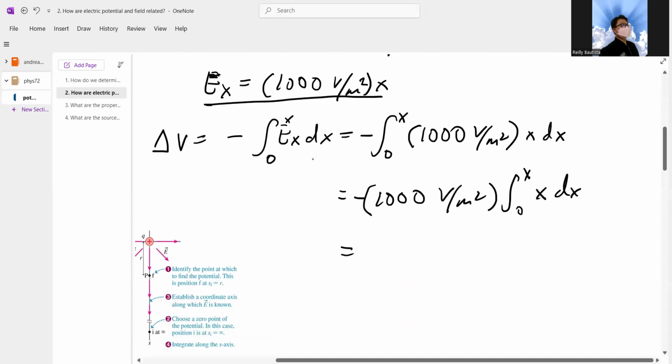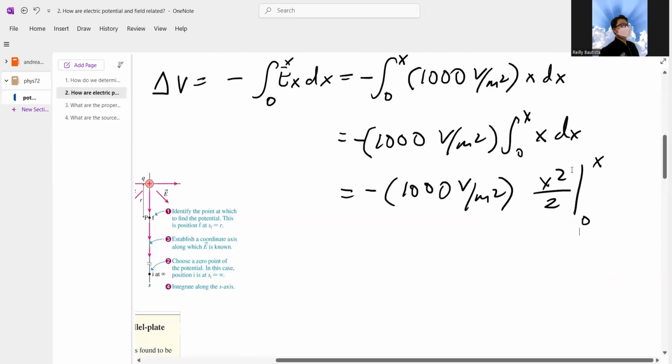So let's go straight to getting it. This is just x squared over 2, evaluated from 0 to x. So we substitute the 0 here, we get 0.